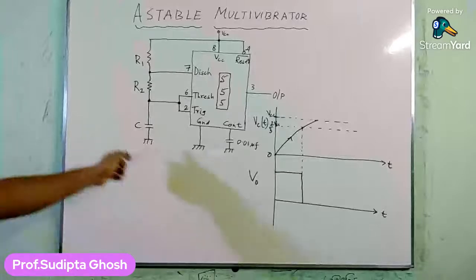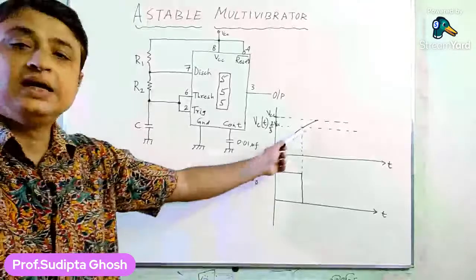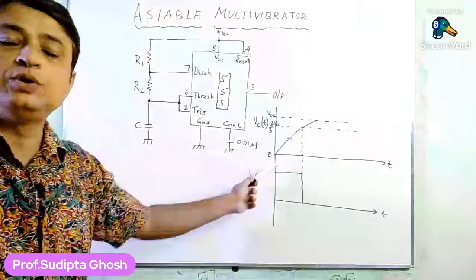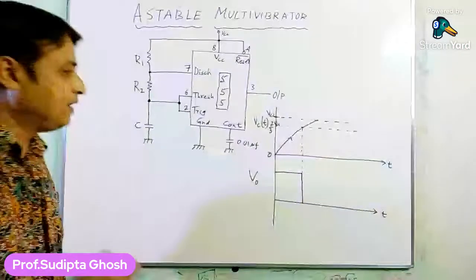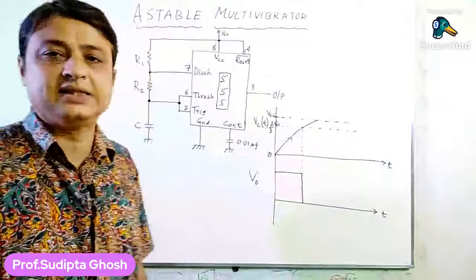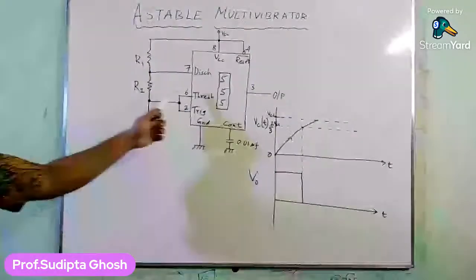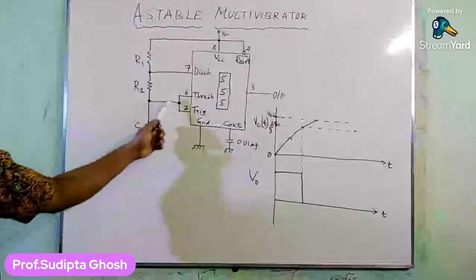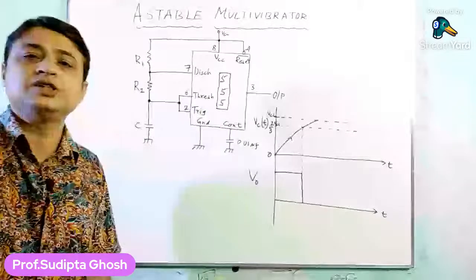So as the capacitor charges, it will try to charge up to the value of VCC, but when the capacitor voltage reaches 2/3 of VCC, as it is connected to the threshold pin, the threshold comparator goes high.